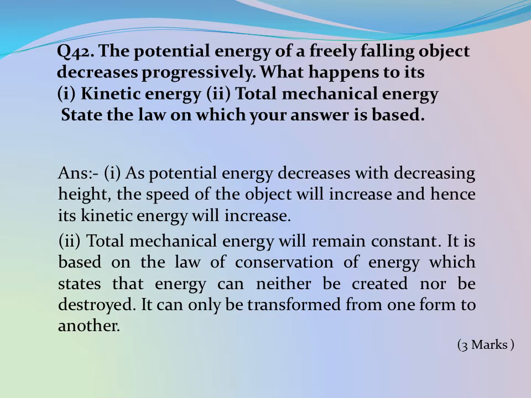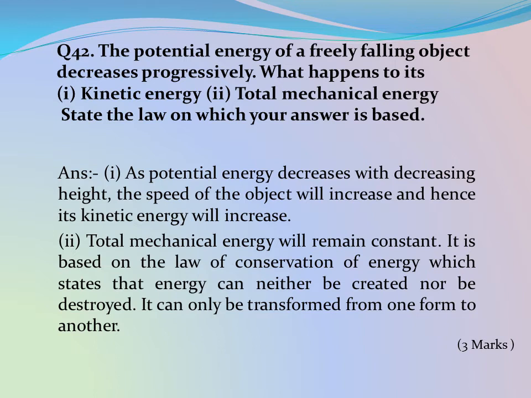Question number 42. The potential energy of a freely falling object decreases progressively. What happens to its 1. kinetic energy, 2. total mechanical energy? State the law on which your answer is based. Answer: 1.